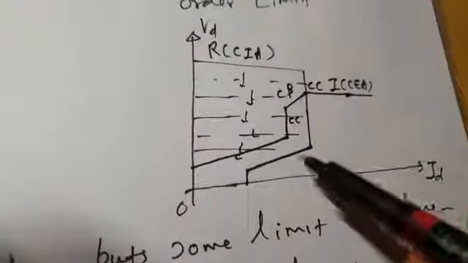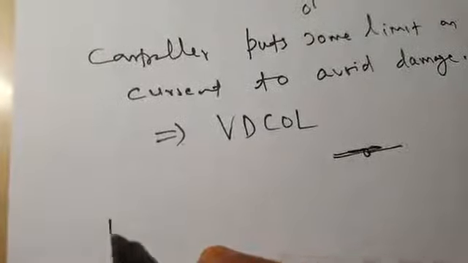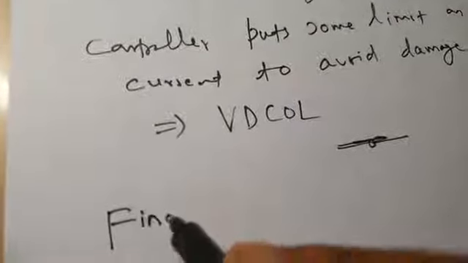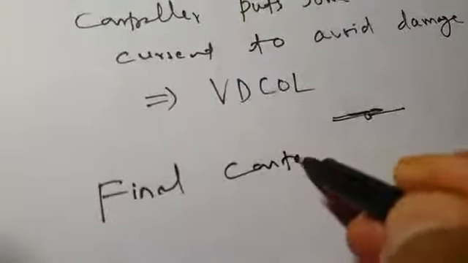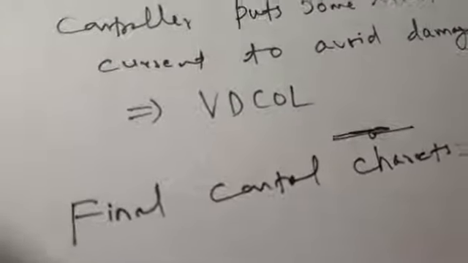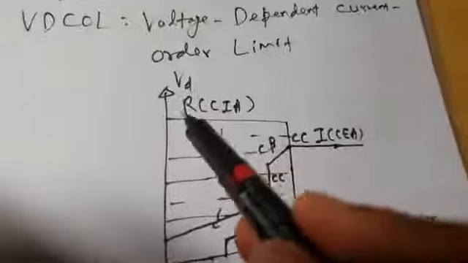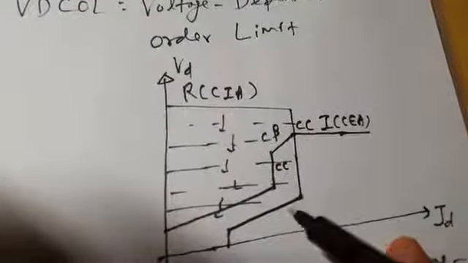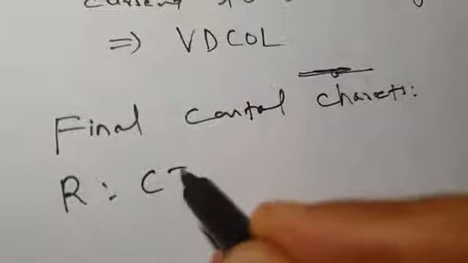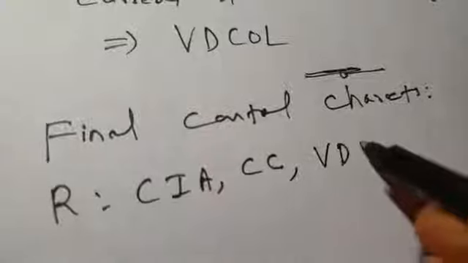Therefore your final control characteristics are like this, with rectifier characteristics and inverter characteristics. Your rectifier characteristic comprises CIA, constant ignition angle control, constant current control, and VDCOL, voltage dependent current order limit.